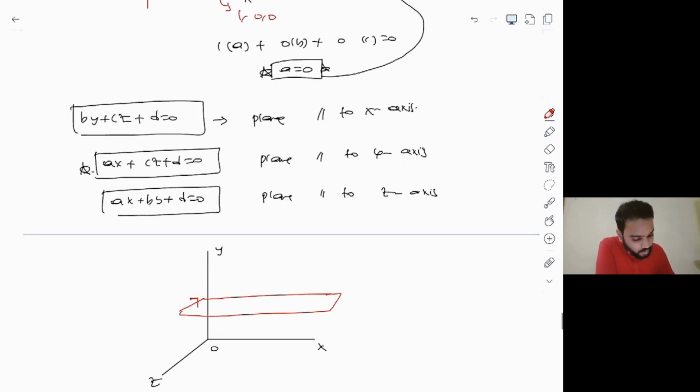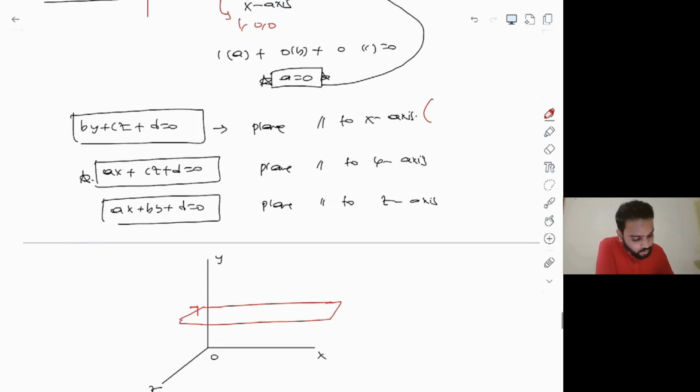I'm going to write that here in brackets: if a plane is parallel to the x-axis, the plane is also perpendicular to the YOZ plane.